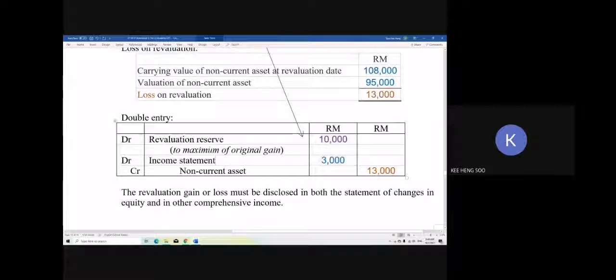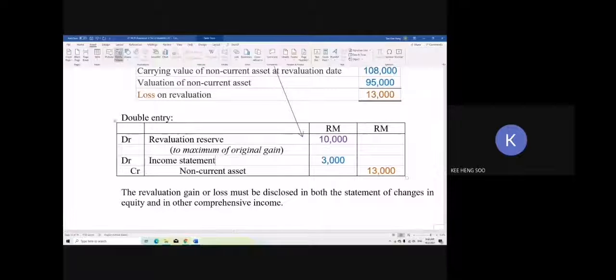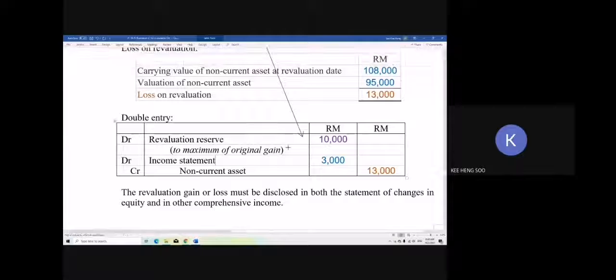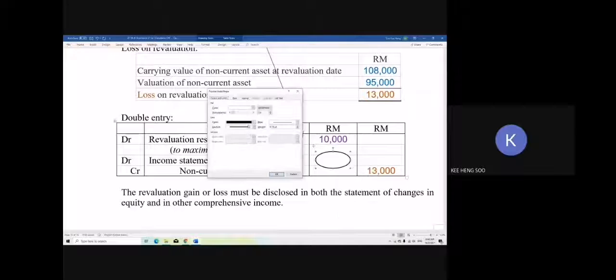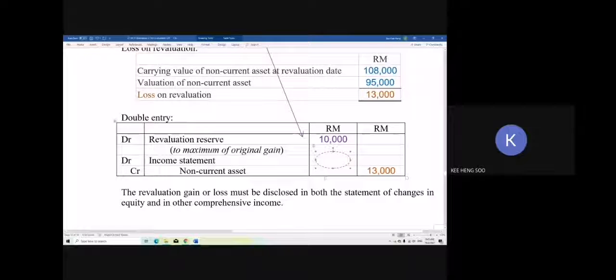This balancing figure is actually in SPL.